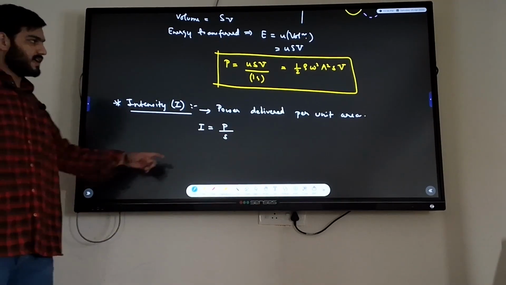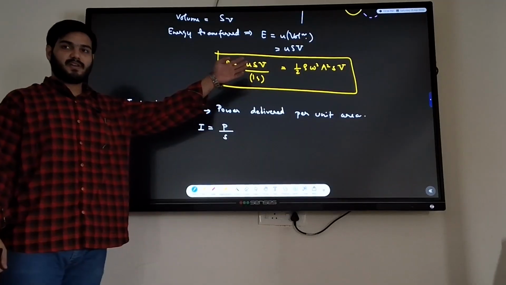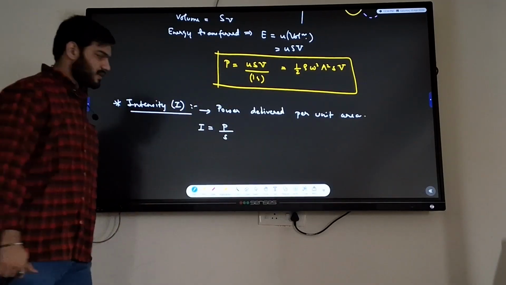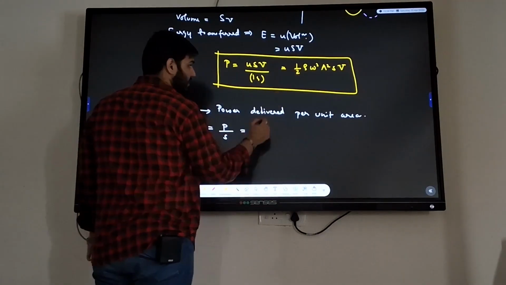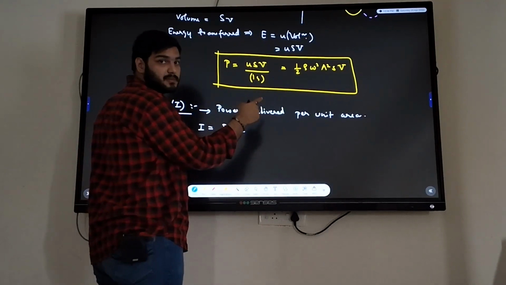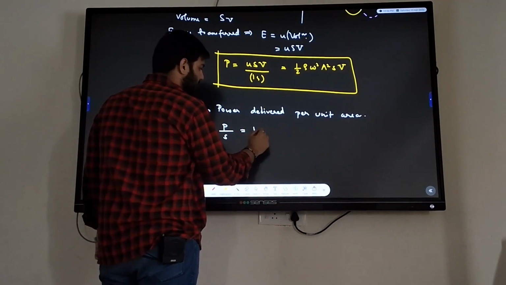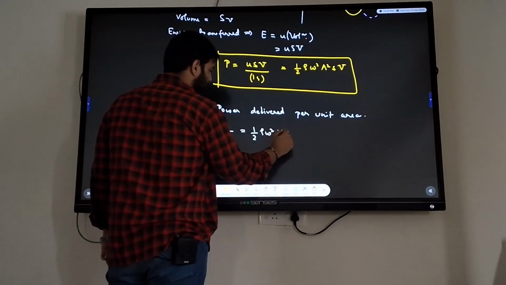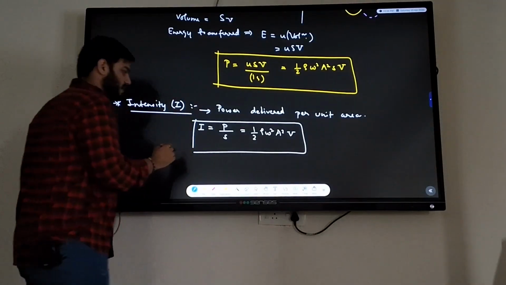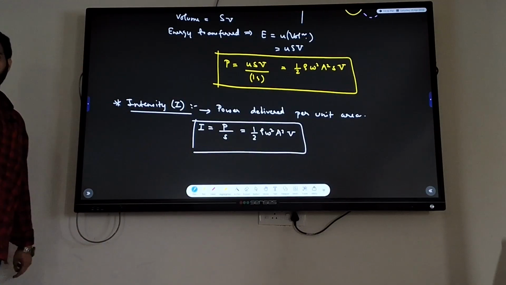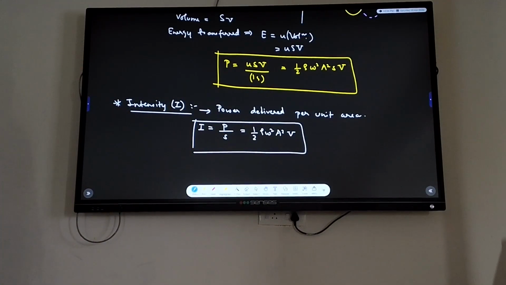I'm not writing A because I have already used A for amplitude. So what is this power? Power was half rho omega square A square S v, so intensity is half rho omega square A square v. Simple stuff. Just remember the formulas.